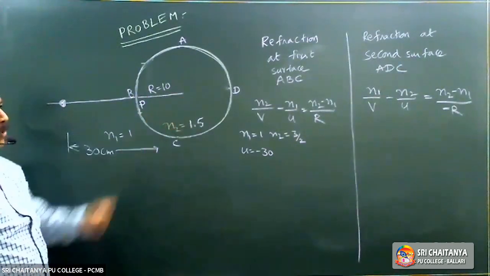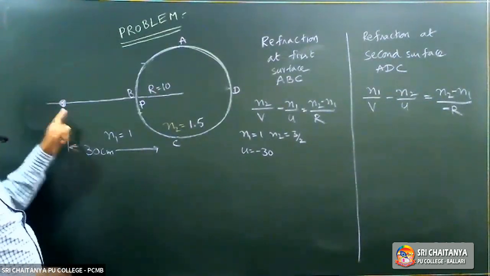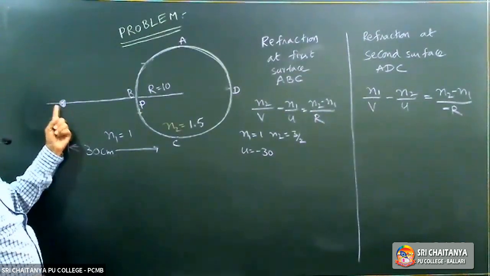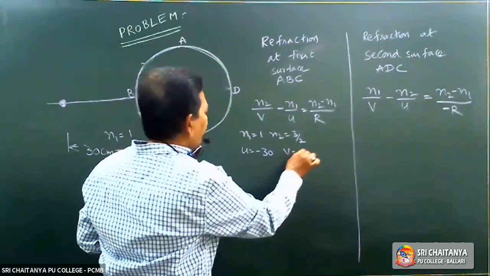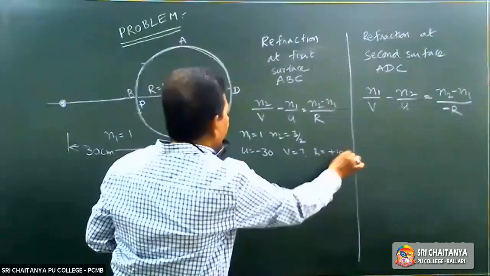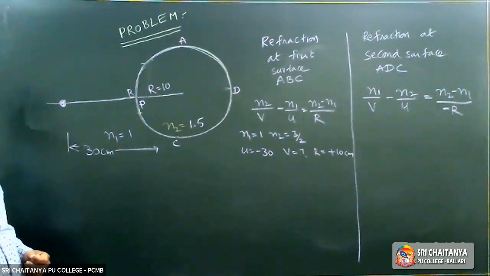In front of the pole, the distances are positive. The object is present behind the pole, so minus 30. And V value we have to find. R value is 10 centimeters. By substituting, we will calculate the V value.